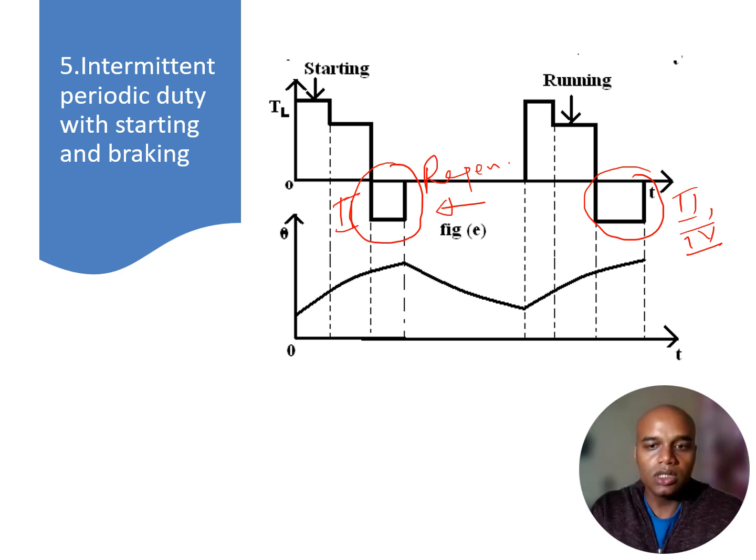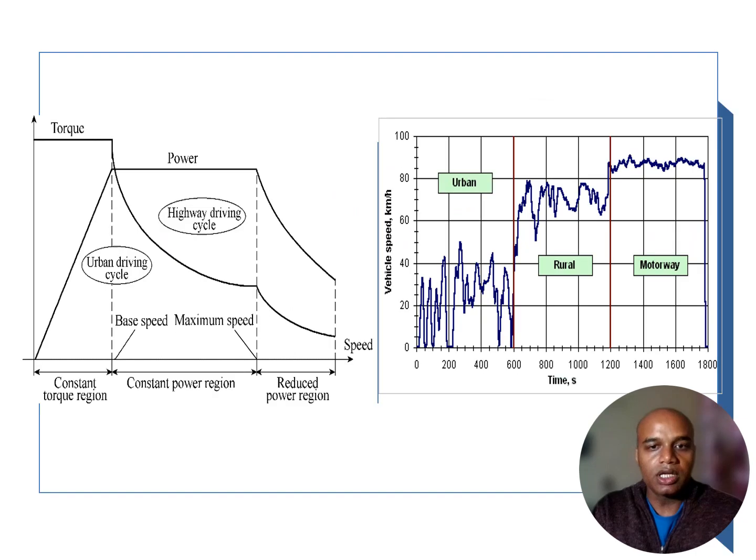So based on all these five duty cycles, we can make the remaining duty cycles. But here we are more keen to understand the drive cycle presented by the EV. Here is one example. The first one is my speed requirement.